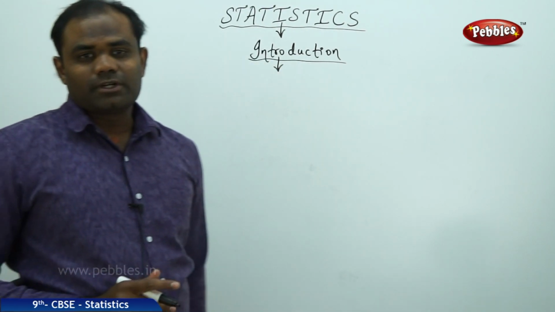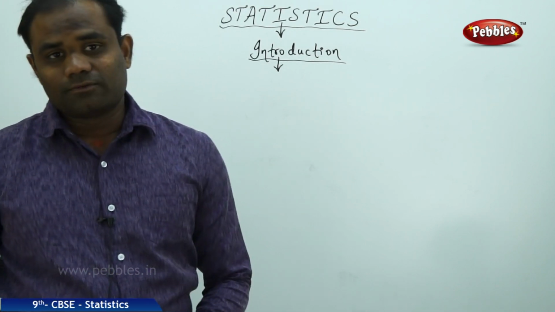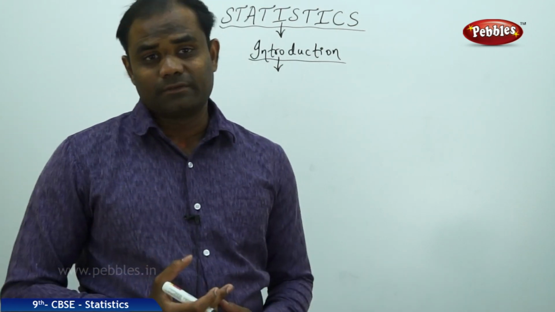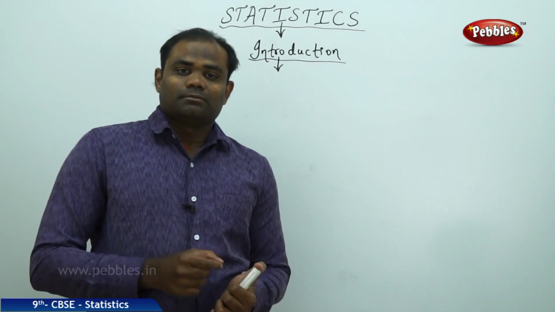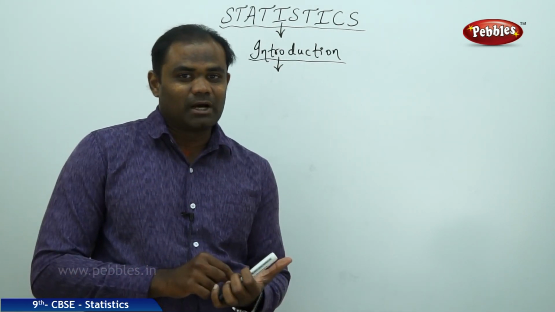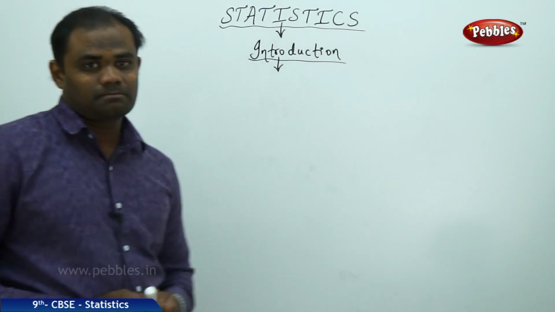So statistics in general sense is about, say for example, we take one real life situation where the teacher makes the list of all the marks of the students name wise.